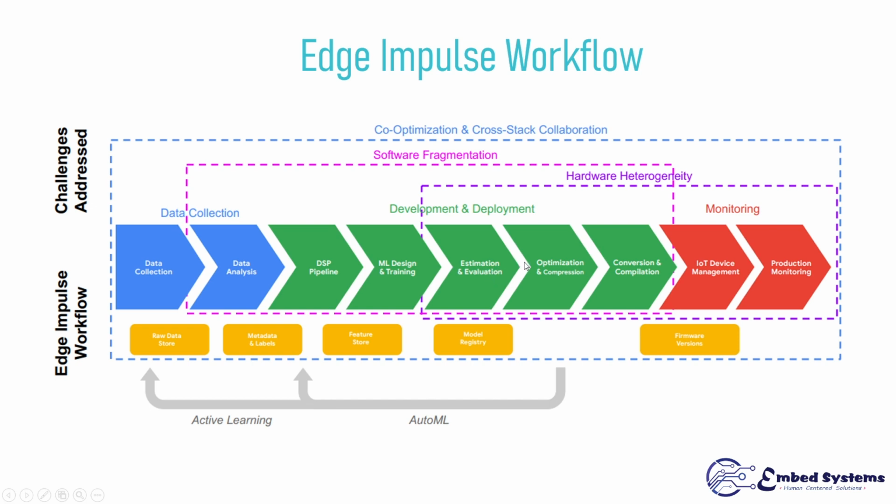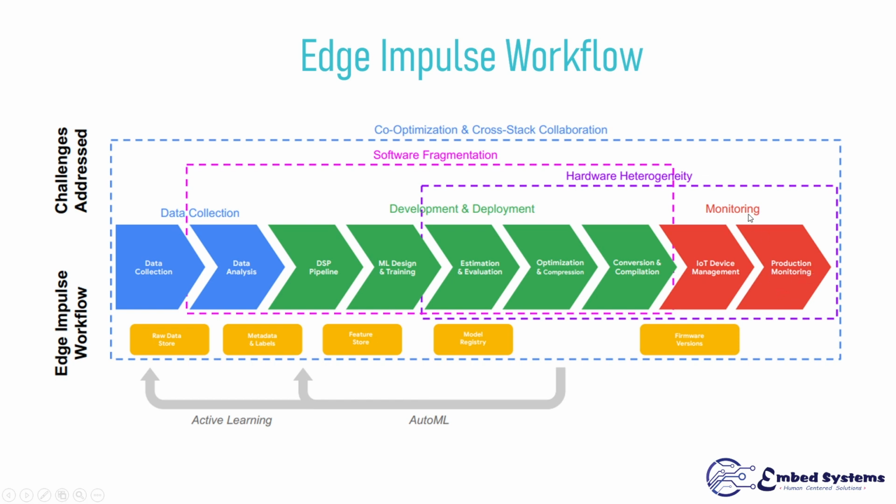Then for it to run on a tiny machine, it does the optimizations and compression of the model. After this, it converts and compiles the model to simple C++ code that can be run on an IoT device. Further, it can do IoT device management and also production monitoring.